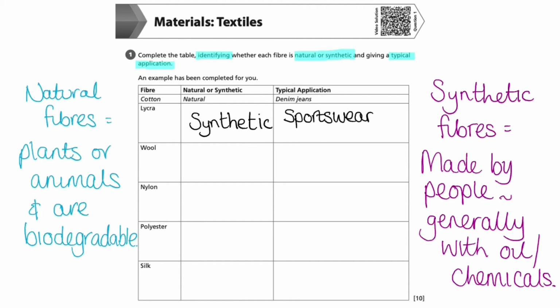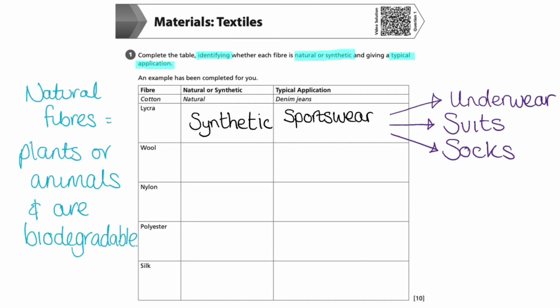This particular working property makes Lycra a great fibre for use in sportswear. Additionally, the comfort and appearance of Lycra means that it is also a great fibre for use in underwear, suits and socks, so you may have chosen one of those answers instead.